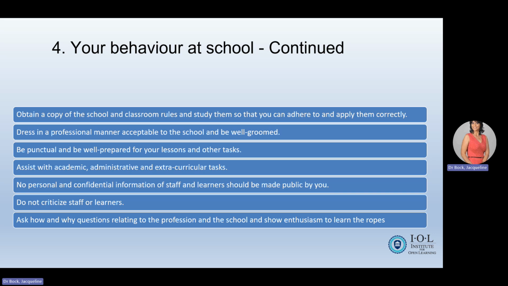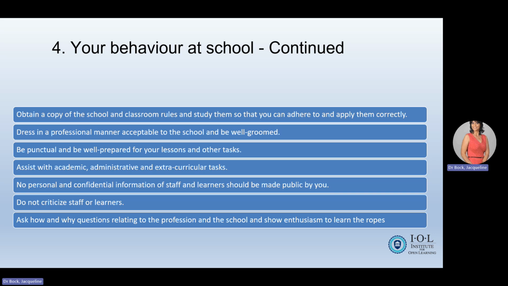Assist with academic, administrative, or extracurricular tasks. So if you are asked to lend a hand with things that need to be done, please do lend that hand and assist.